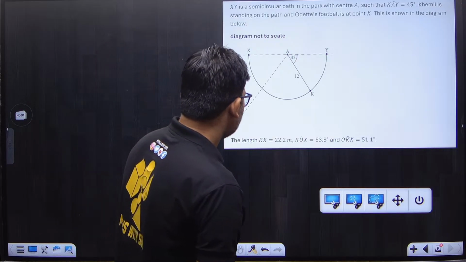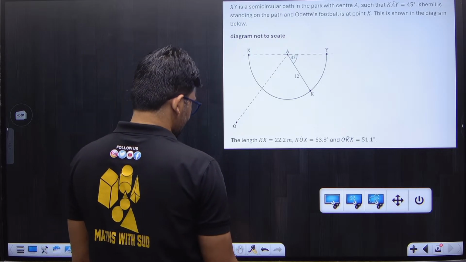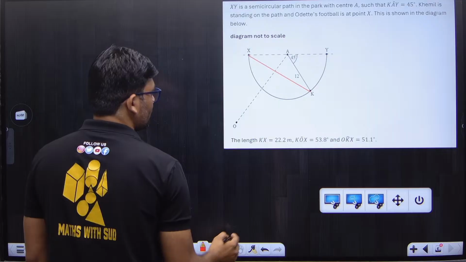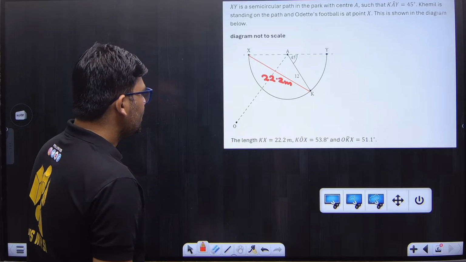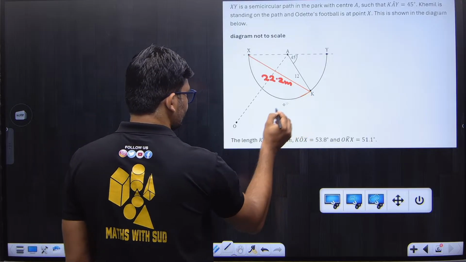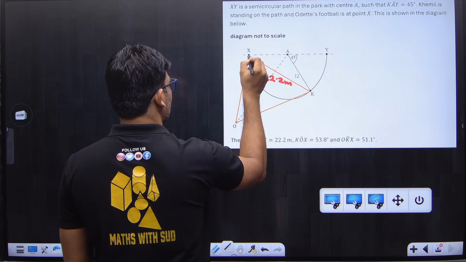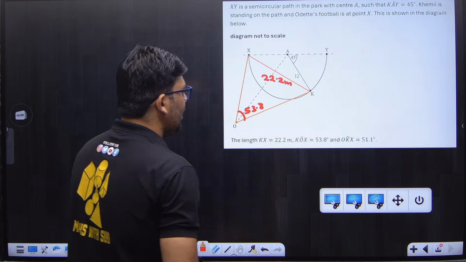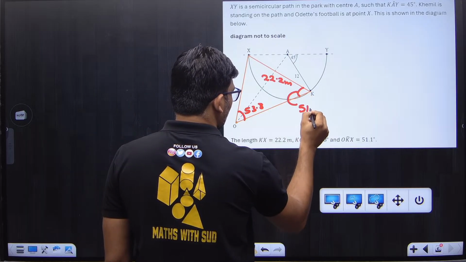The length KX is equal to 22.2 meters. Angle KOX is given as 53.8 degrees. And angle OKX is given as 51.1 degrees.